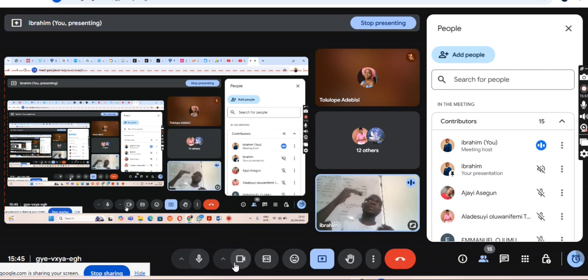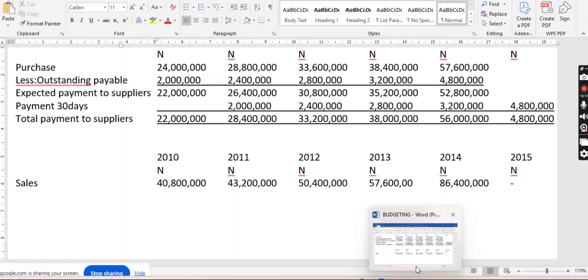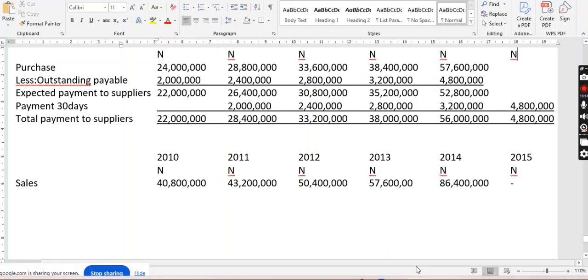Because we're given yearly and months, and they want to test your knowledge of the total payment for the period, which we will use as an outflow.